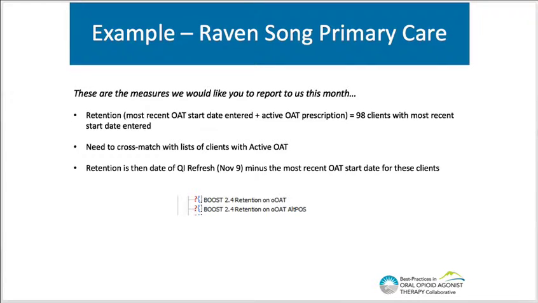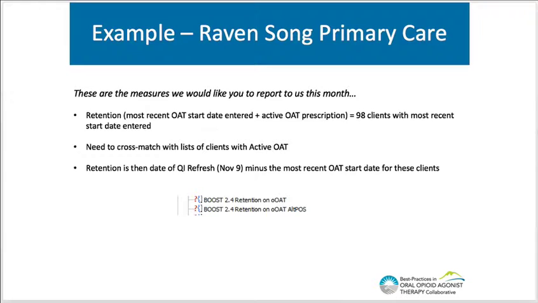For retention data, it's a bit tricky because our queries aren't yet set up to only query active prescriptions and the most recent OAT start date. We are going to use the most recent OAT start date to calculate retention, or how long people are on therapy. But right now you need to cross-match your lists of clients with active OAT.